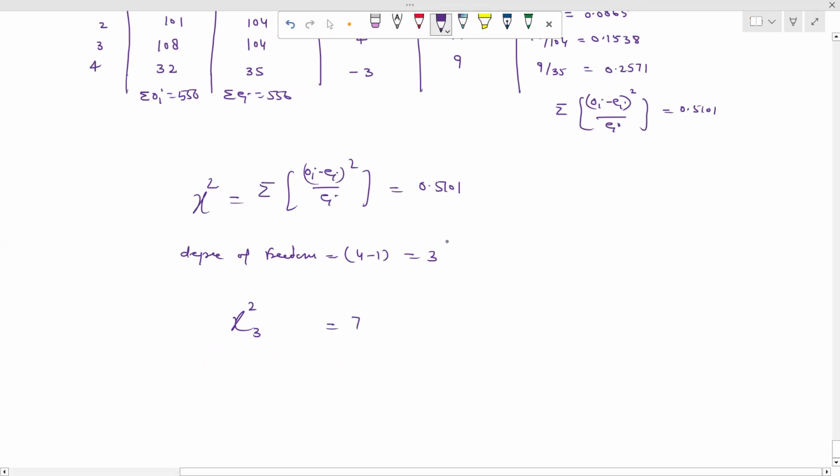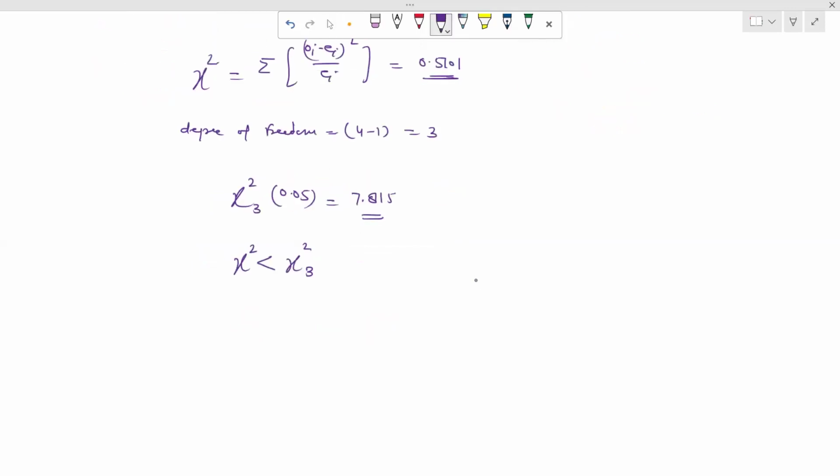The value of chi-square is 7.815 for 5% level of significance. Here we see that the calculated value is less than the tabular value, which is 7.815. So we accept the null hypothesis.